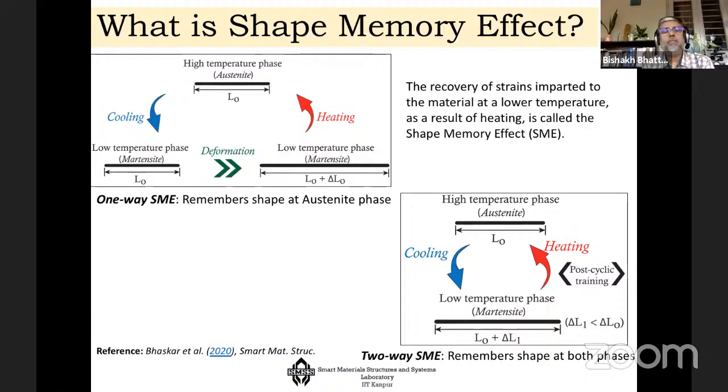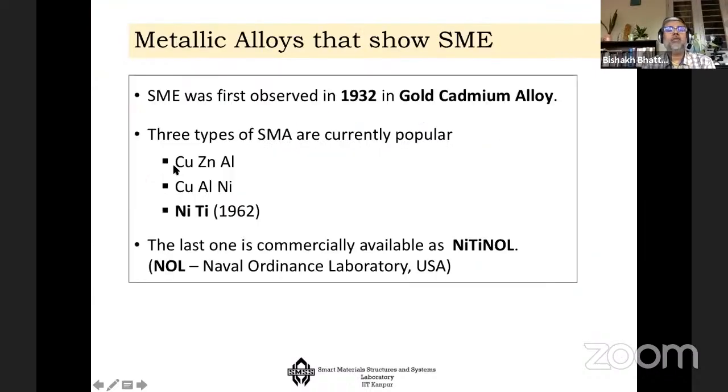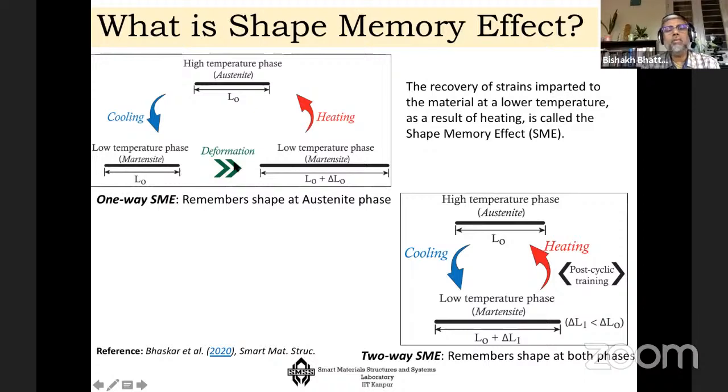Now, what is a shape memory effect? In the shape memory effect, what you have is a temperature change. For example, the high temperature phase is austenite, and you cool it, you come to a low temperature martensite phase, and then you deform the material, then it goes to a low temperature martensite phase, but with a detwinned system, and then you apply heat, it will once again go back to its austenite state.